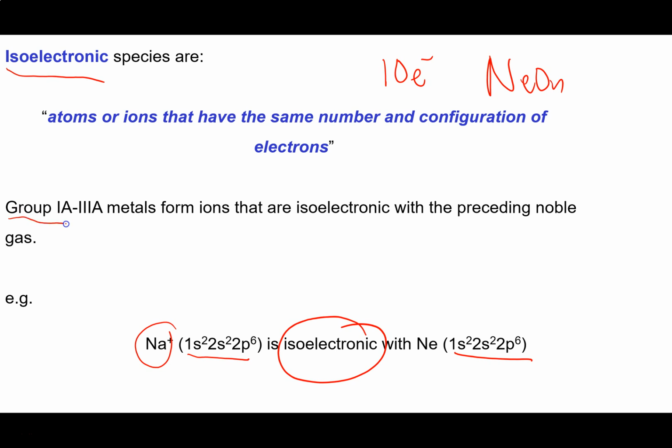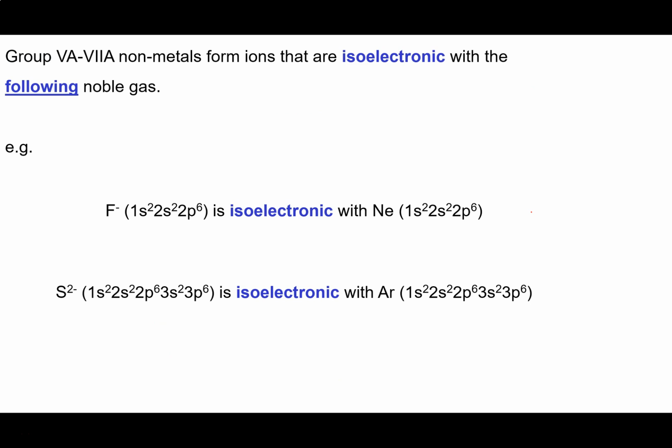So summarizing this, we can say that group 1A through 2A metals like to form ions that are isoelectronic with the noble gas that comes before them. For the nonmetals, group 5A through 7A nonmetals, they love to become isoelectronic with the following noble gas, that is the noble gas that comes after them.